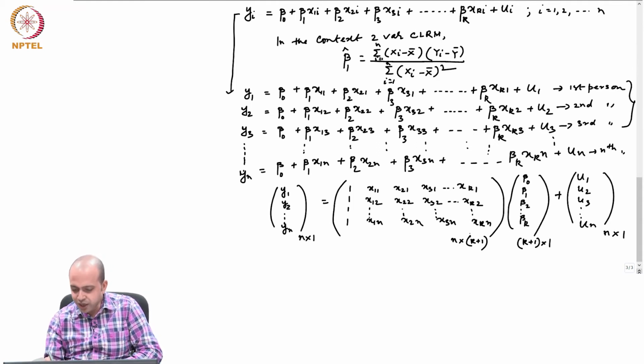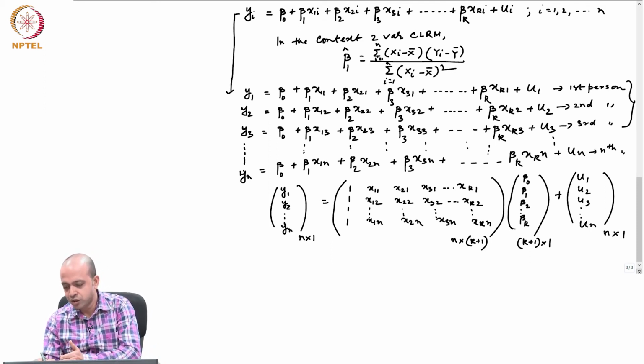Now, if you multiply these two, you see n cross k plus 1 and k plus 1 into 1. So, this would become n cross 1. When you multiply, the entire thing would become n cross 1.